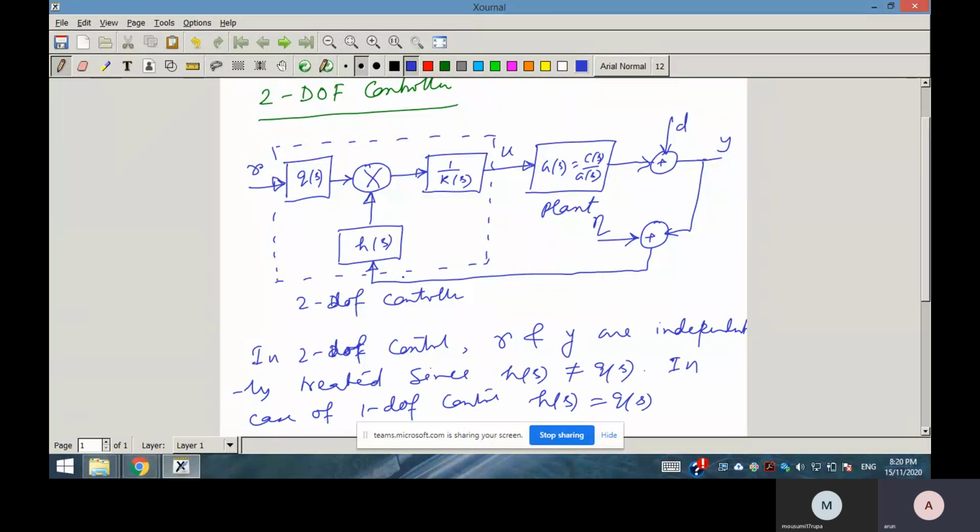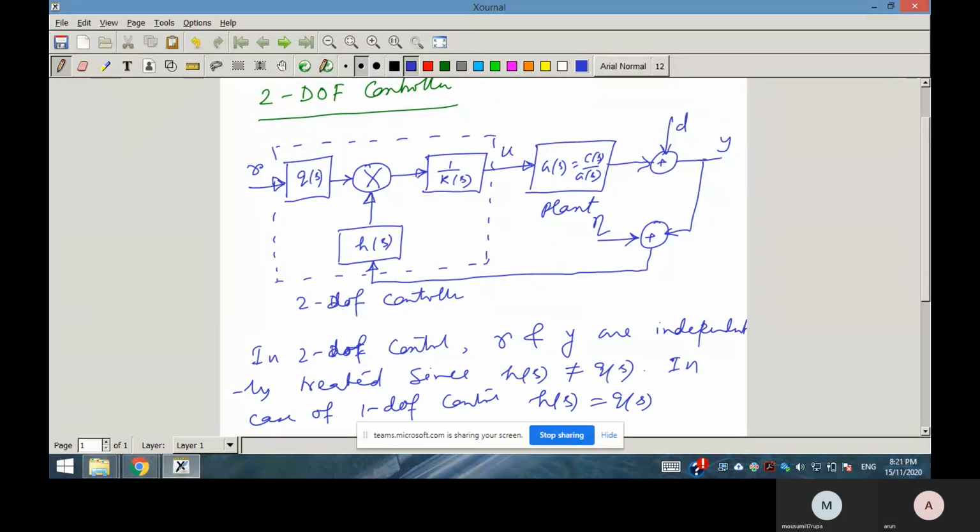But in case of 1 degree of freedom control, since Q(s) equals H(s), they will be treated in a similar way. They are not independent. In that case, only the tracking error will be going into the controller, because Q and H you can absorb inside this block, and it will ultimately be H(s) by K(s), or you can write Q(s) by K(s). And in that case, the only input to the controller will be your tracking error.